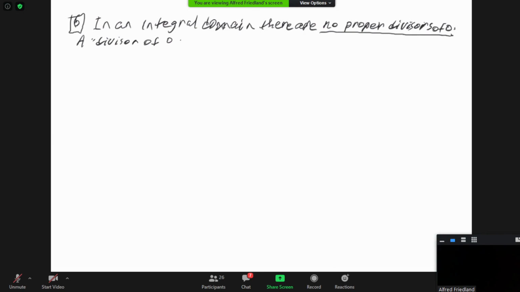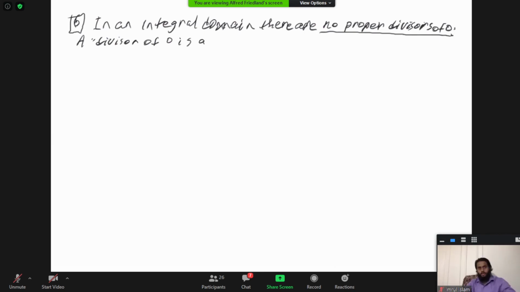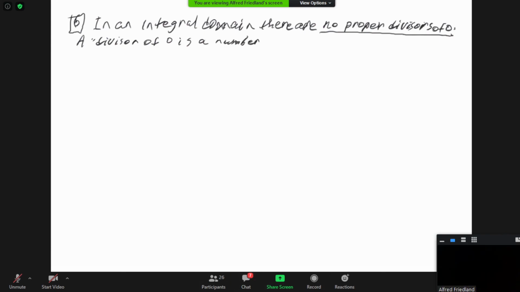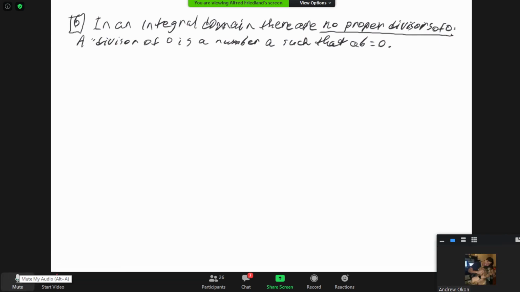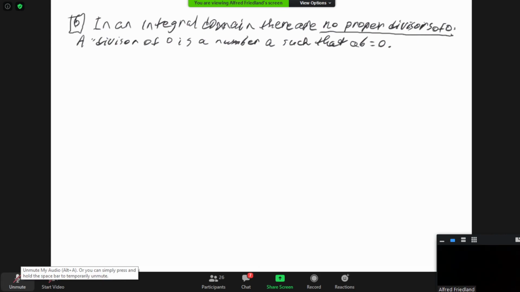A divisor of 0 is a number A such that AB equals 0. So what do you know in the integers? If I tell you I'm thinking of two numbers and their product is 0, what can you tell me for sure? Yep, that's right.